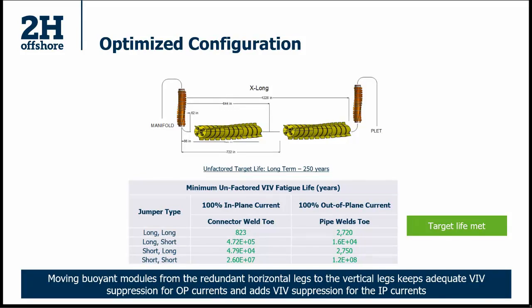The reason for this is, I think I've said this before, the strakes with the buoyancy modules have very low suppression efficiency. And in order to suppress the VIV from the 100-year current and meet the short-term fatigue life, we had to mount riser strakes, which are close to 90% fatigue VIV suppression efficiency, on the vertical legs of the jumper.